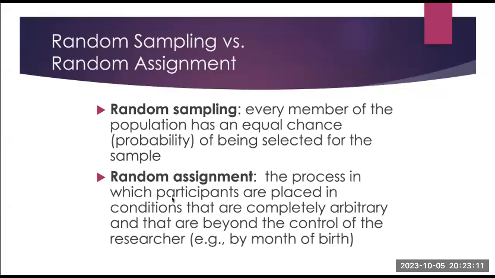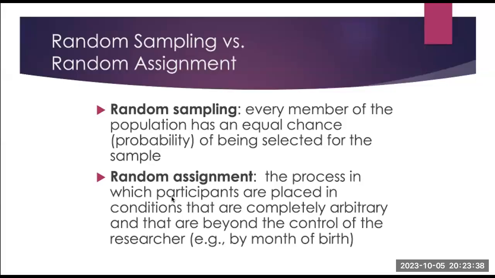Many psychological experiments are based on general psychology students, so they're not really randomly sampled from the general population. What is even more important than random sampling is random assignment, because even if you didn't get a random sample, as long as you're randomly assigning, you are minimizing the chance that there are systematic differences between the people who are in the experimental group and people who are in the control group.